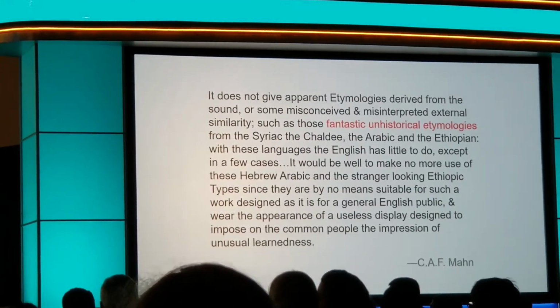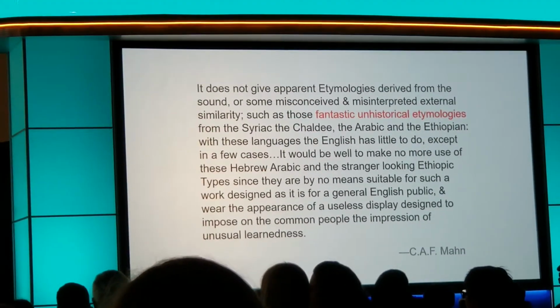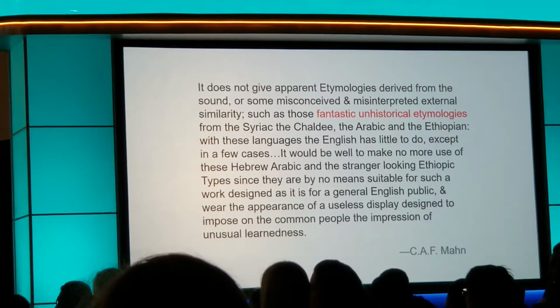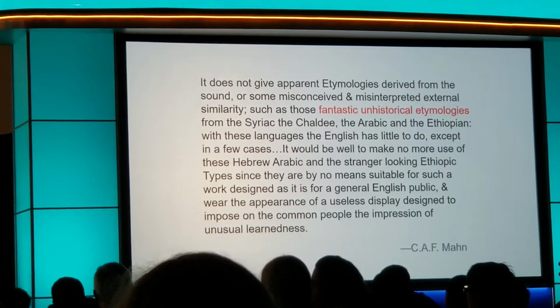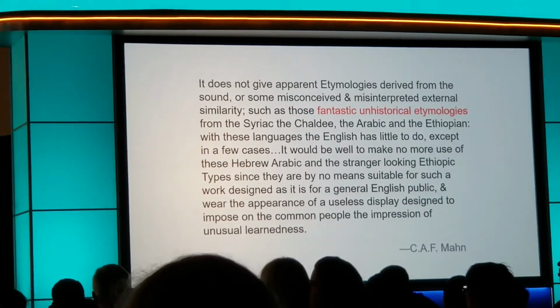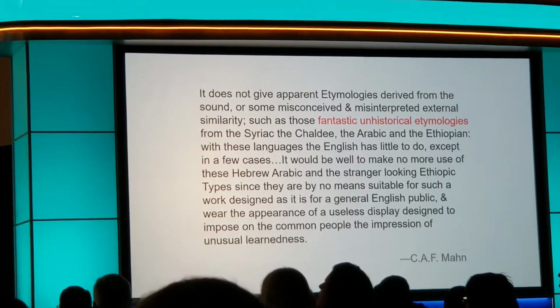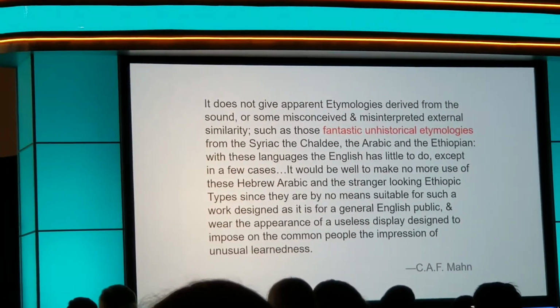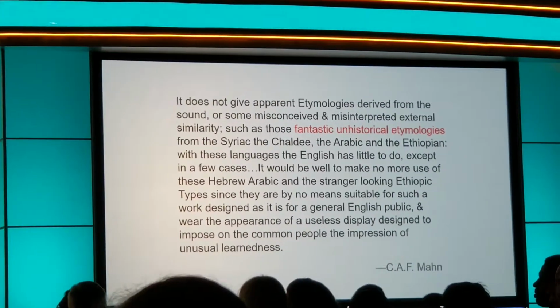So, the man who redid the etymologies, the German scholar Karl Augustus Friedrich Mann, he wrote this about Webster's etymologies. He said, "We can't use those fantastic unhistorical etymologies in a new edition of the dictionary." And so he also said we shouldn't put those Hebrew characters, those Arabic characters, in an English dictionary because almost no one can read them.